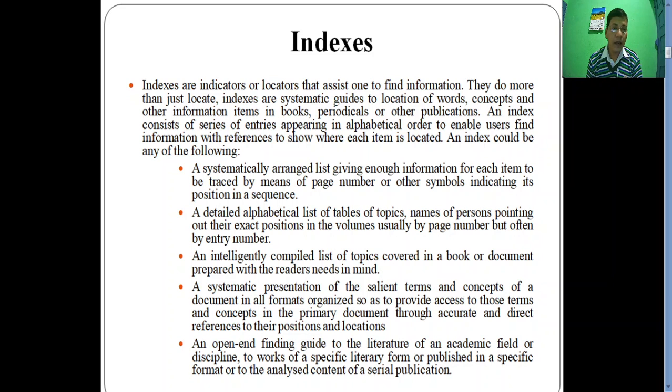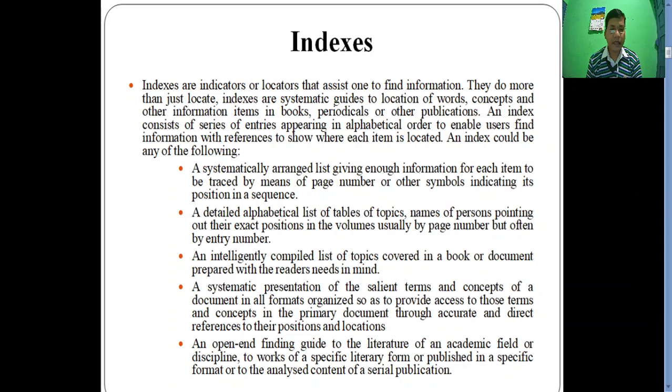An index could be any of the following: a systematically arranged list giving enough information for each item to be traced by means of a page number or other symbol indicating its position in a sequence, or a detailed alphabetical list of topics, names of persons, pointing out their exact position in the volume, usually by page number but often by entry number, or an intelligently compiled list of topics covered in a book or document, prepared with the reader's need in mind.